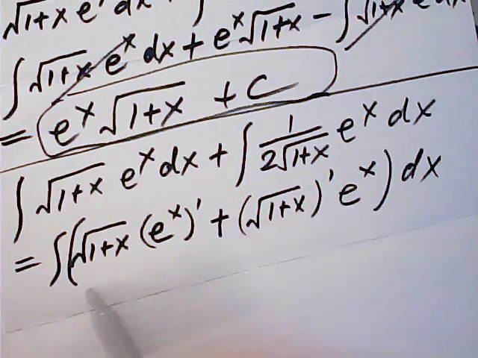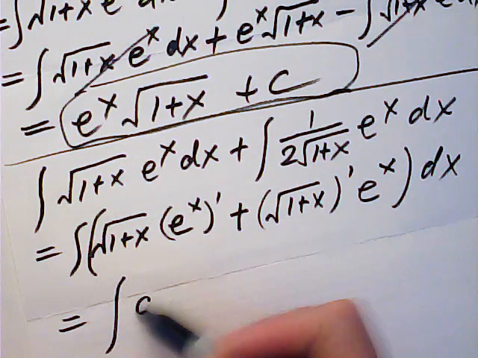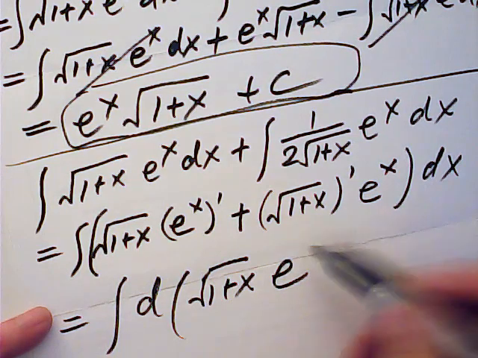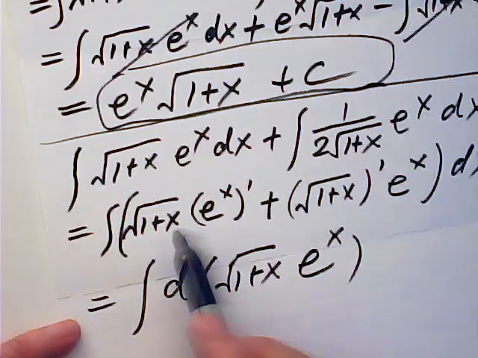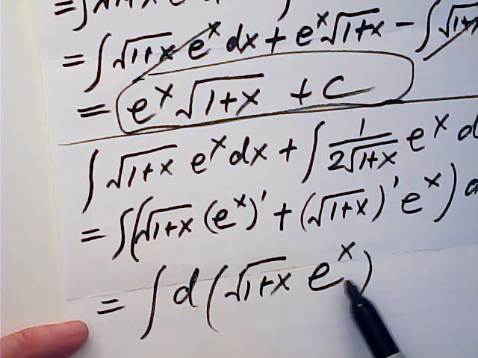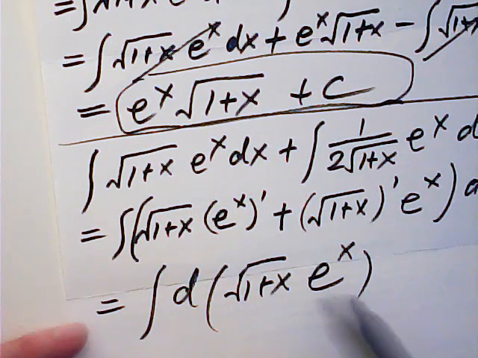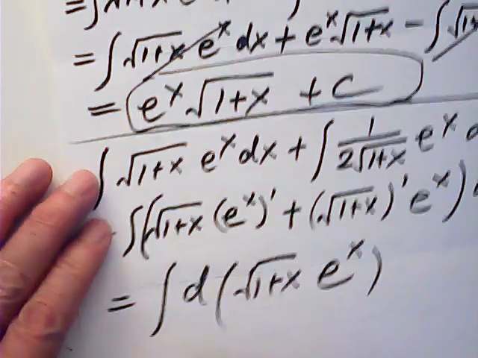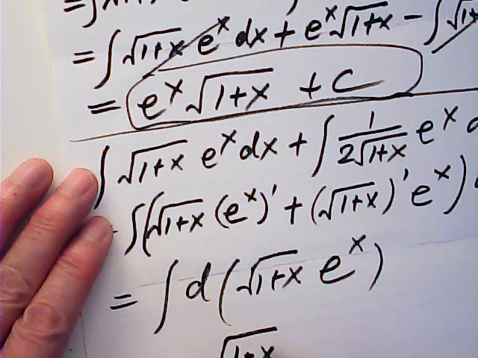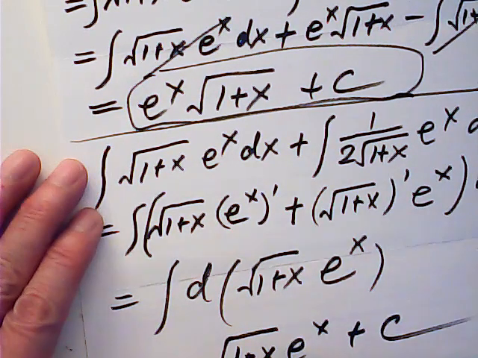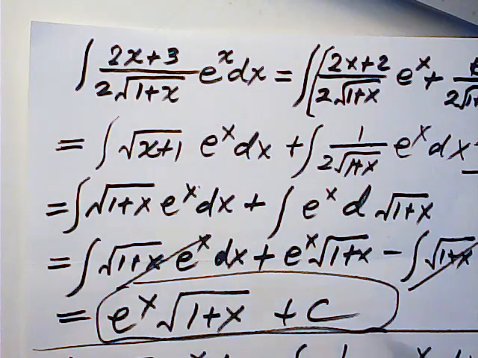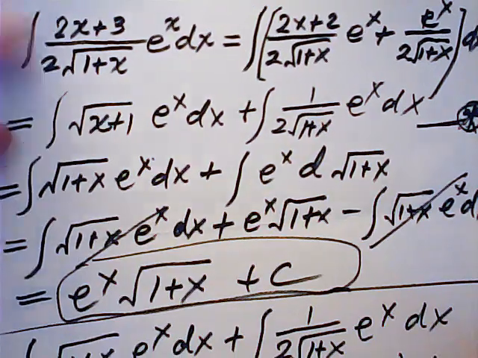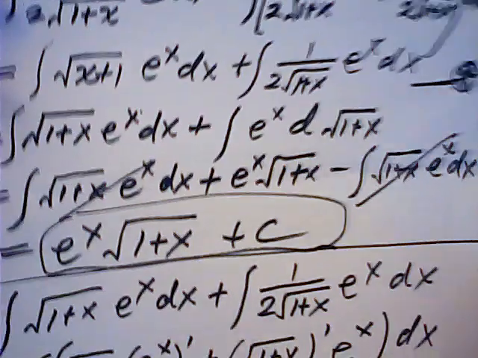So obviously this is the product rule: the derivative of the product of square root 1 plus x times e to the x equals this derivative times this plus this times that derivative. That's exactly this. So the result is equal to the square root of 1 plus x times e to the x plus c. Same result. Well, I told you that these examples are similar, no? Similar type of integrals.